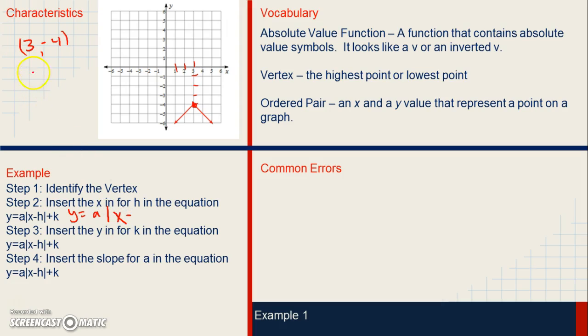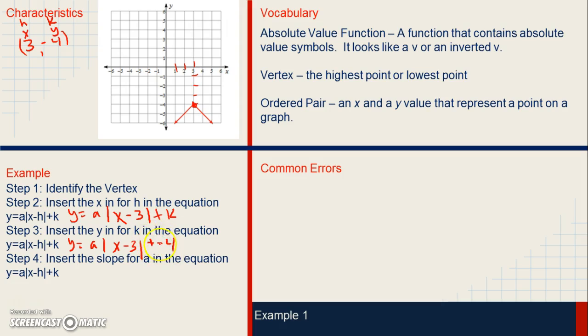What's my h? It's 3. I go ahead and put that in. Step 3, insert y for the k. So I inserted this x value for h, and I'm going to insert this y value for k. So I end up with y equals a times x minus 3 plus -4.